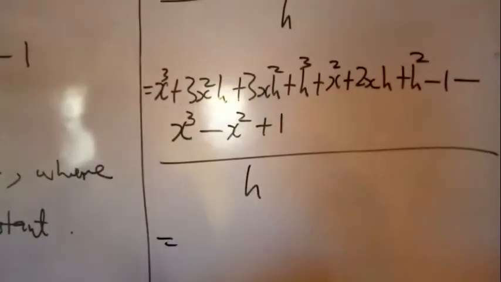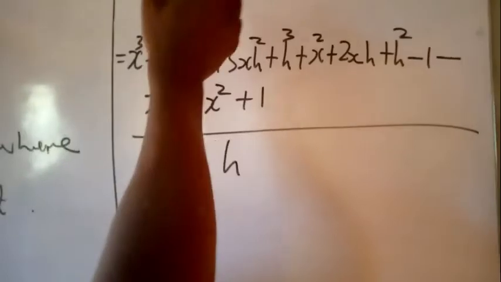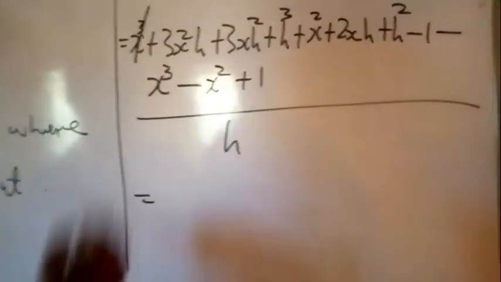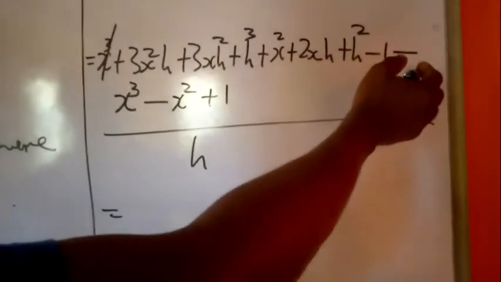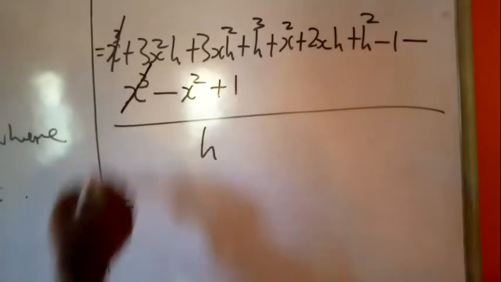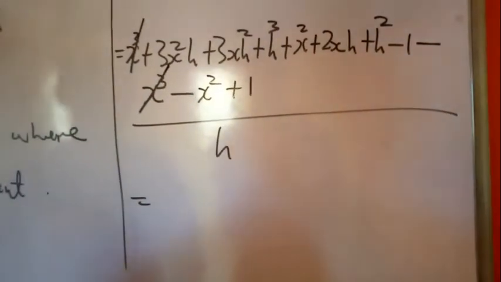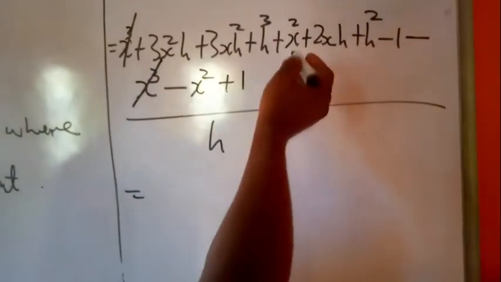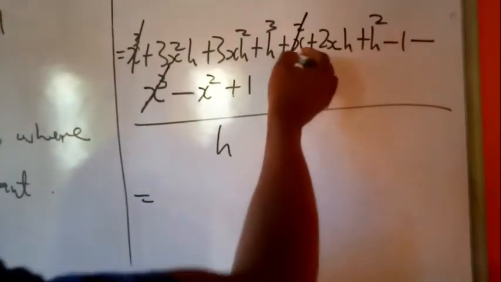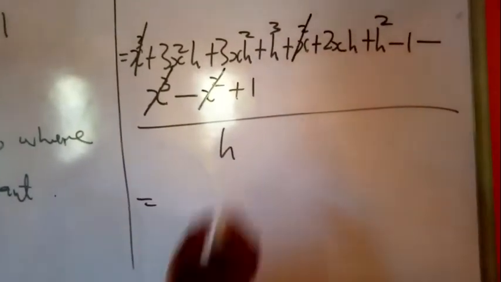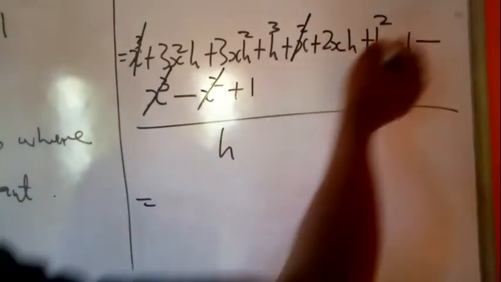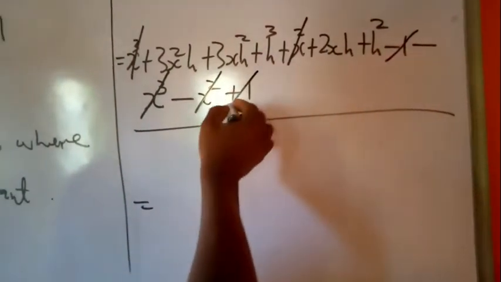So let's see how we can cancel out. x cubed minus x cubed will go away. Then plus x squared minus x squared will cancel out. Plus 1 minus 1 will cancel out.